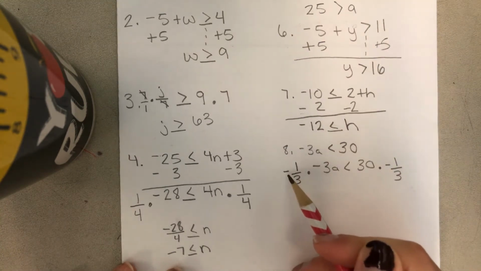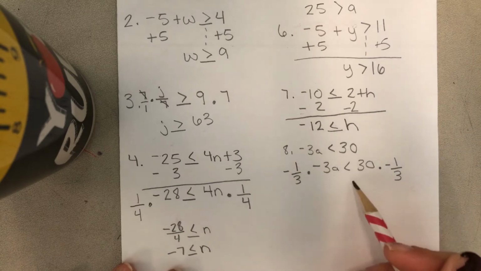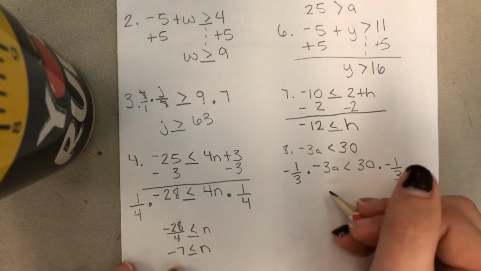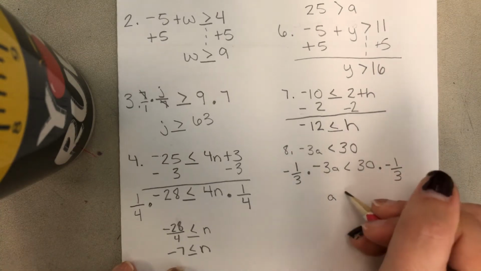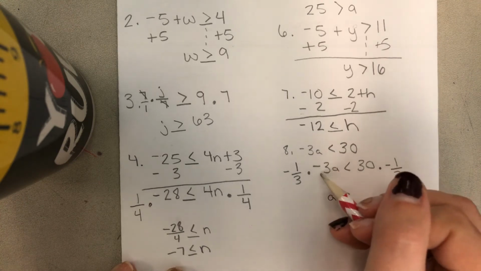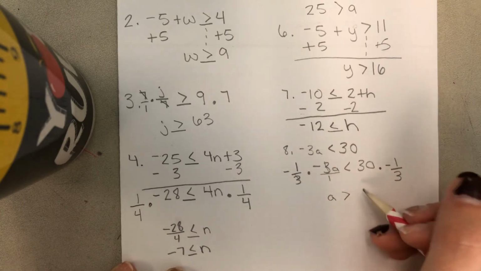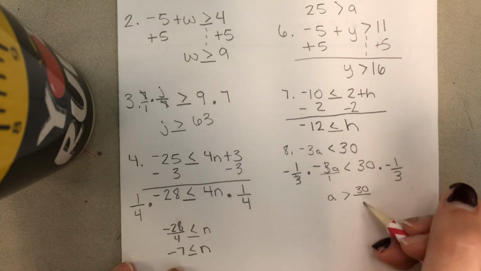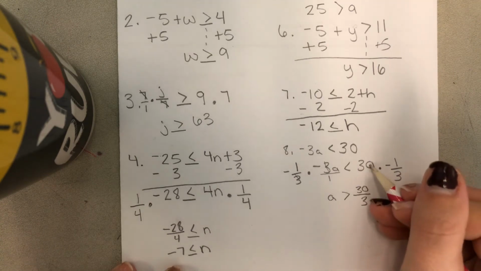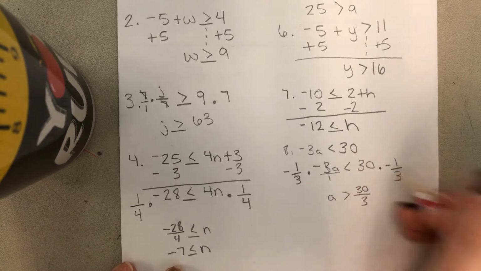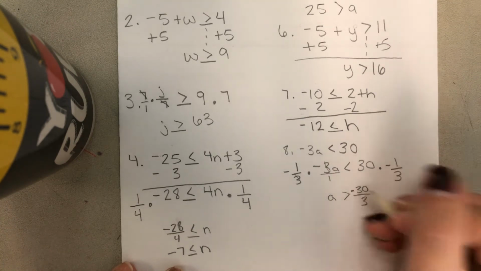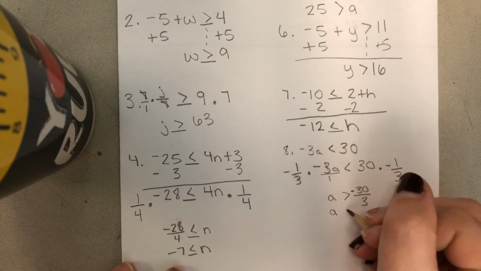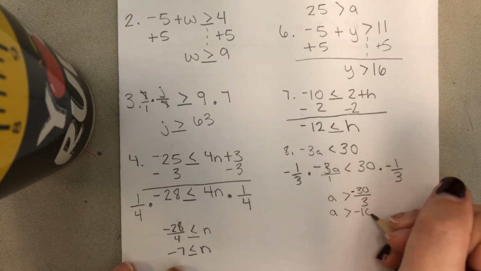Anytime I multiply by a negative number, my symbol gets reversed. So that leaves me with a is greater than, so the 3's would cancel, 30 over 3. And it was a positive times a negative. There was one negative sign, so this is negative. So a is greater than -10.